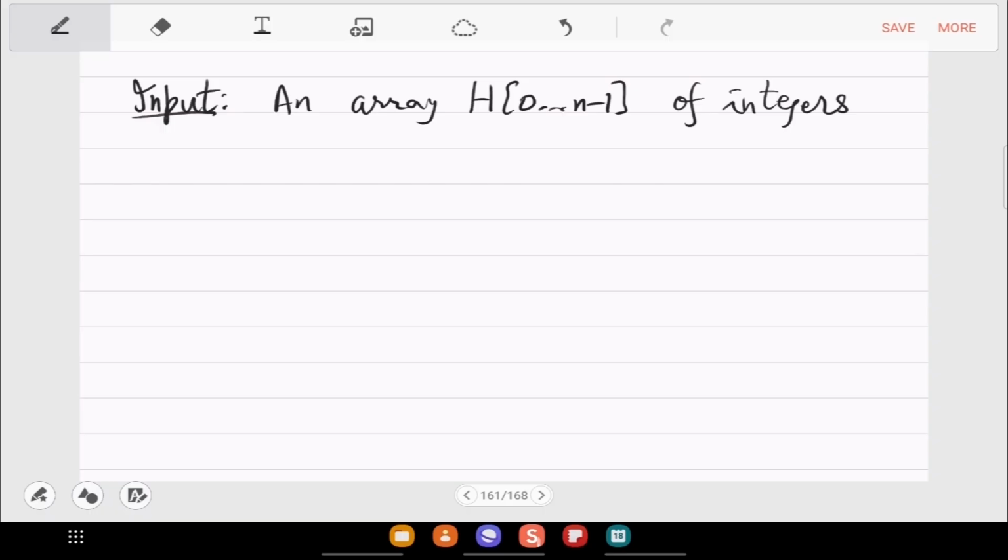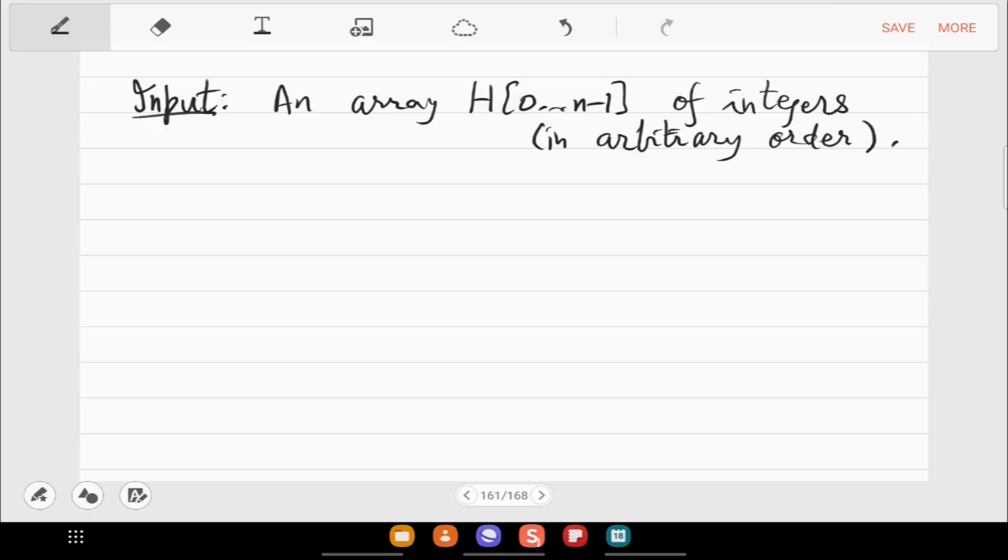It has, let's say, positive integers in arbitrary order. Okay, so there is no assumption on how the integers are, except maybe you can assume them to be distinct. So these are distinct integers, n integers in arbitrary order.